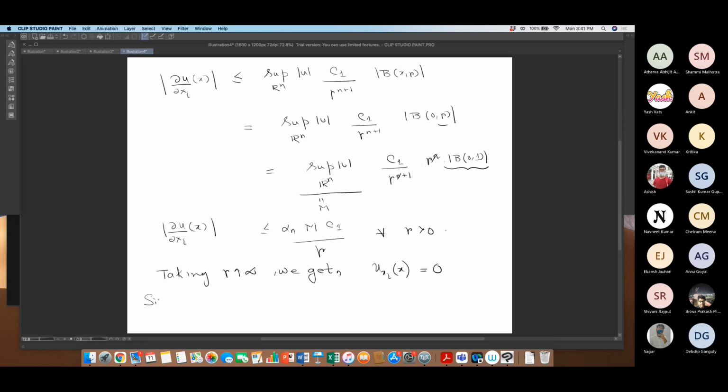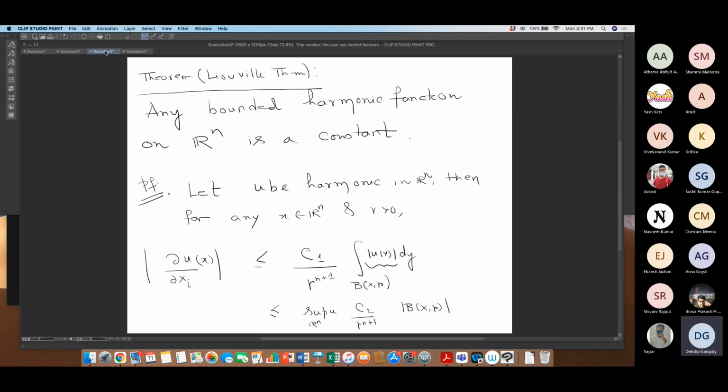Since x is an arbitrary point in Rn, what does this imply? U equals a constant. This is the famous Liouville theorem for harmonic functions: any bounded harmonic function on Rn is a constant.